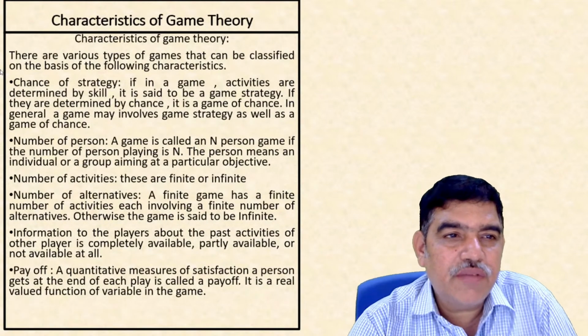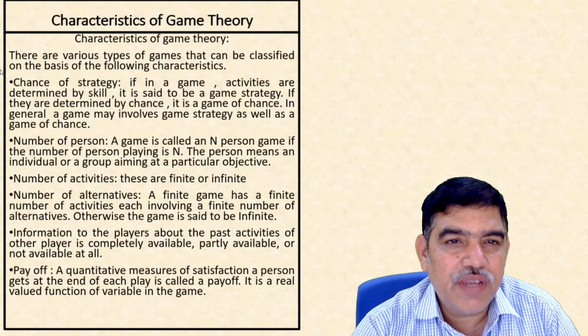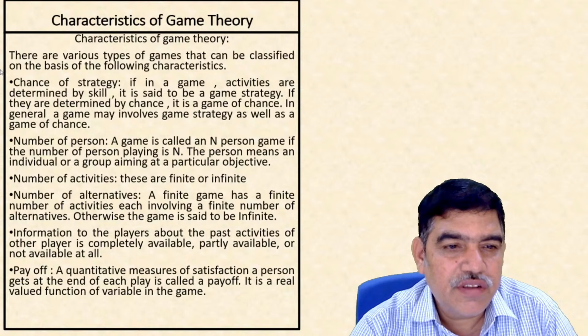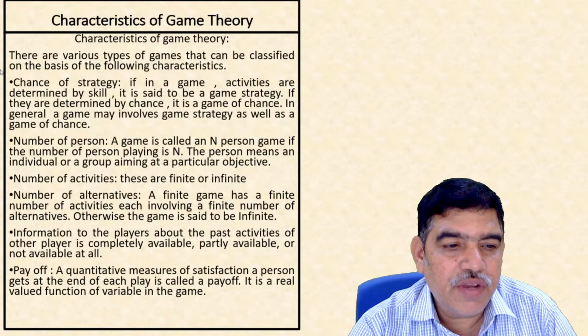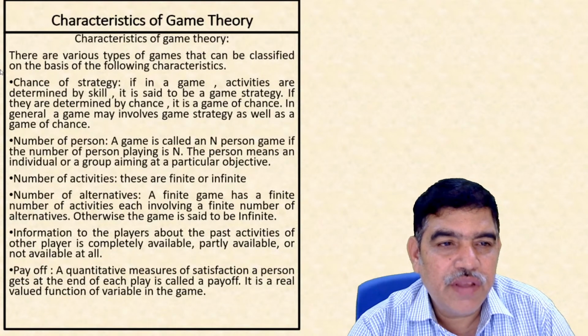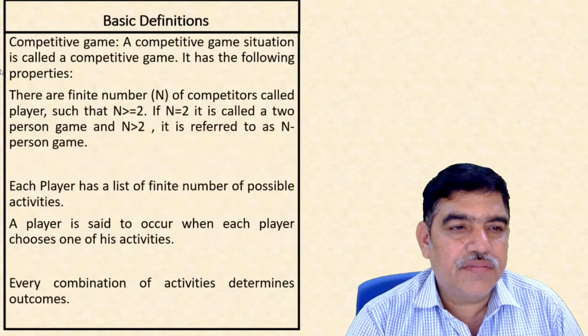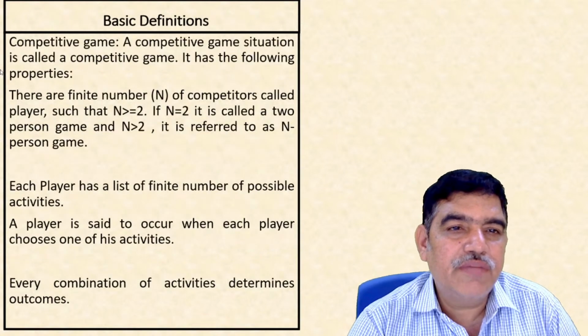Then the characteristics of game theory. There are various types of games that can be classified on the basis of the following characteristics. So we know there are two types of game: one is pure strategy game and the other is mixed strategy game. And what is actually a competitive game?